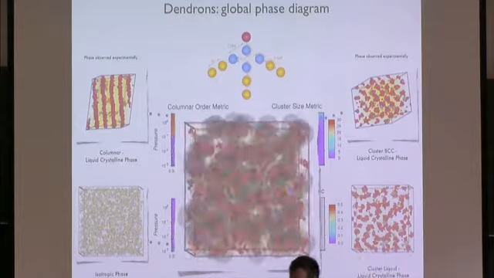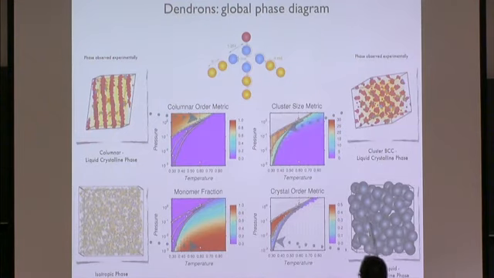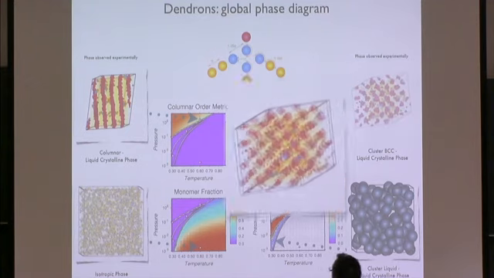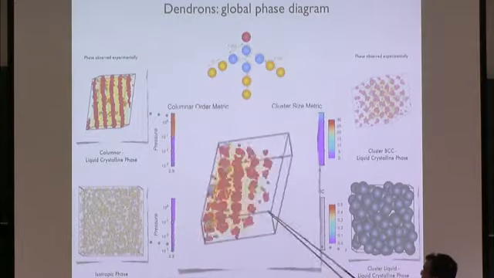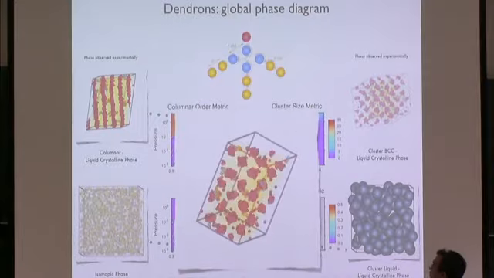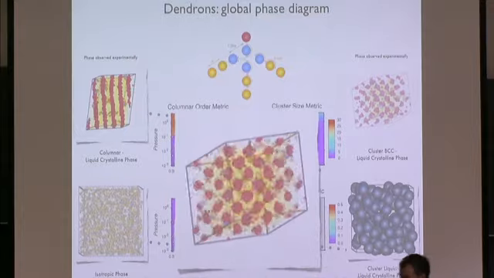If you keep lowering the temperature, very interestingly enough, these spherical moieties start assembling into a spatial structure. And now again, we still have diffusion between the little spheres, but we now have a spatial ordering of these spheres.